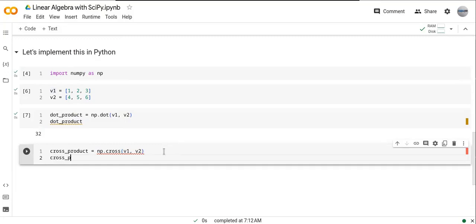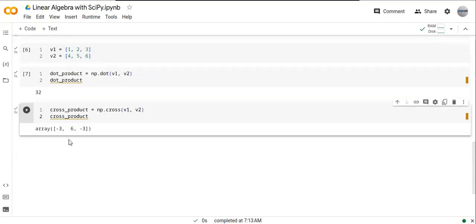Let's find the cross product of the two vectors. The result of the cross product of the two vectors is a one-dimensional array, because cross product is specific to three-dimensional arrays.